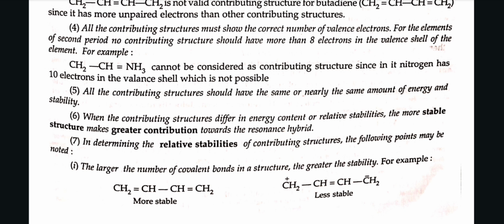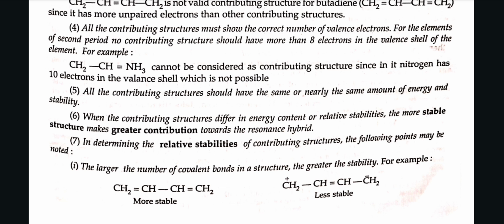All the contributing structures should have the same or nearly the same amount of energy and stability. When the contributing structures differ in energy content or relative stability, the more stable structure makes a greater contribution toward the resonance hybrid. In determining the relative stability of contributing structures, the following points may be noted.